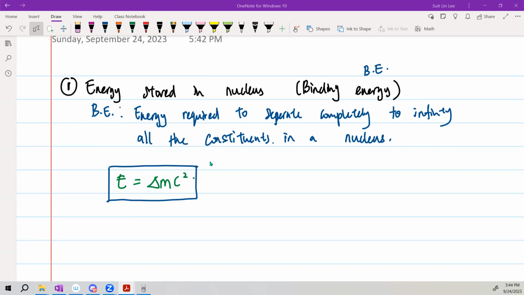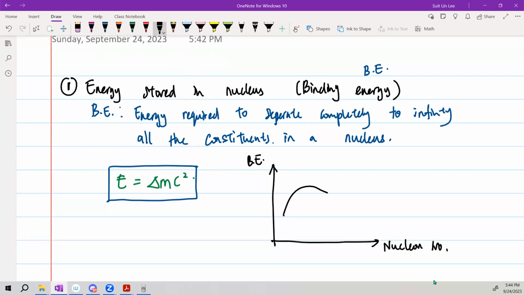From here, the last thing I want to talk to you about is the graph of binding energy versus nucleon number. This one is the number of nucleons. The graph tends to look like this. It will peak at 56. Sometimes they will ask you to sketch this.